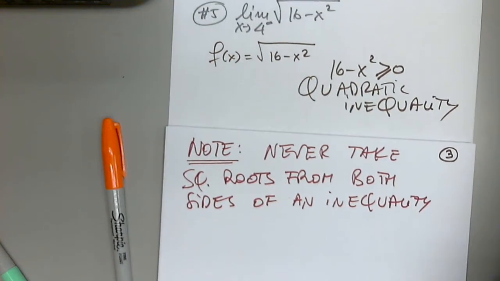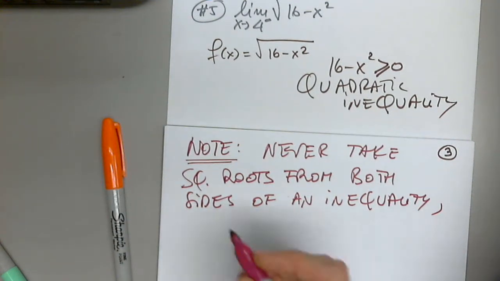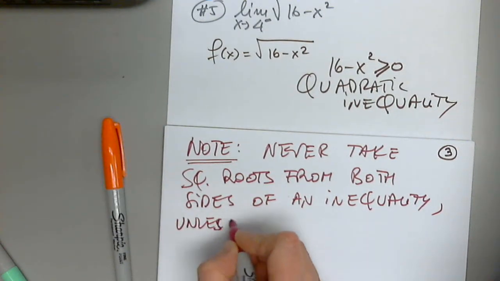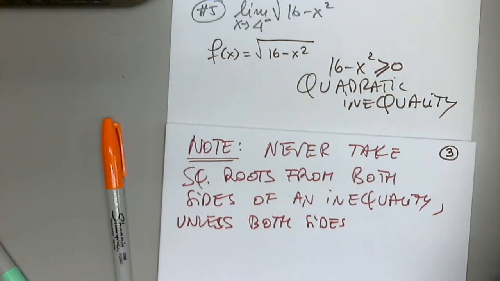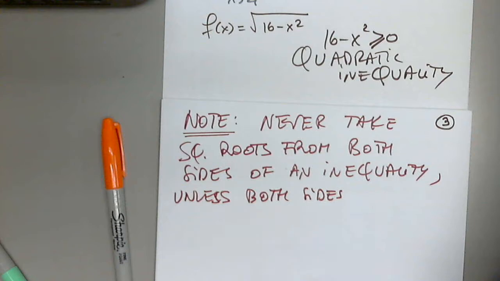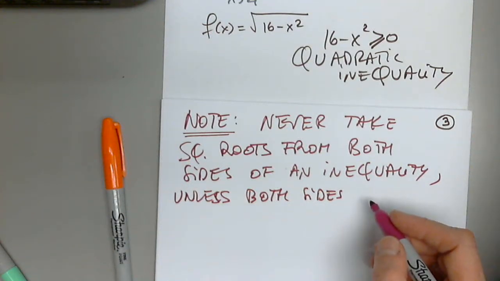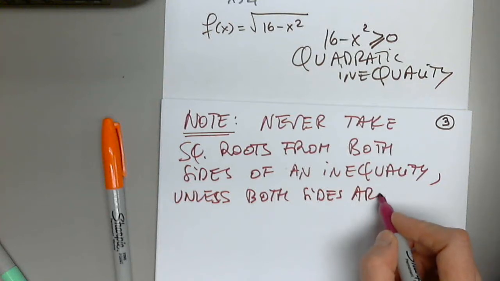Unless you know that both sides are definitely forever what? Positive. Comma, unless both sides are positive. Forever. Not sometimes positive, sometimes negative. Always, always positive. Are positive.